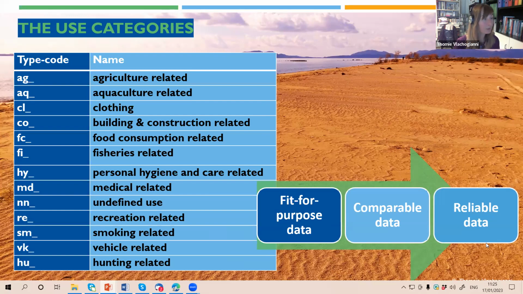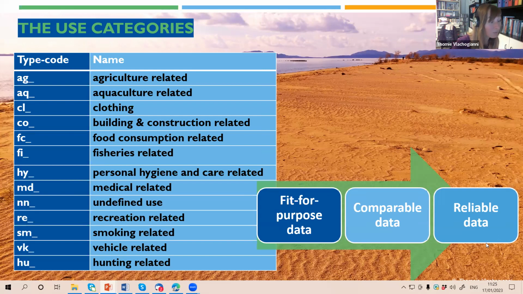So coming back now to the use categories, the following categories have been defined. We have items that are agriculture related based on the primary use, aquaculture related, clothing, building and construction related, food consumption related, fisheries related, personal hygiene and care related, medical related, recreation and tourism related, smoking related, vehicle related, and hunting related.